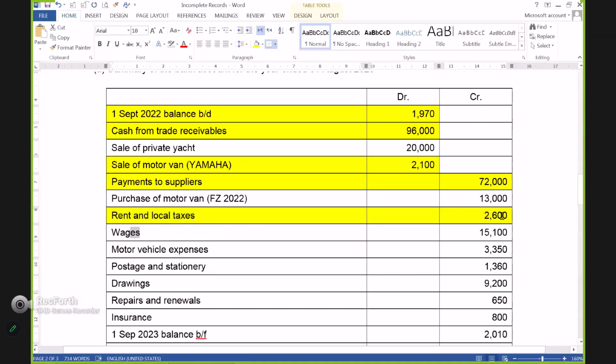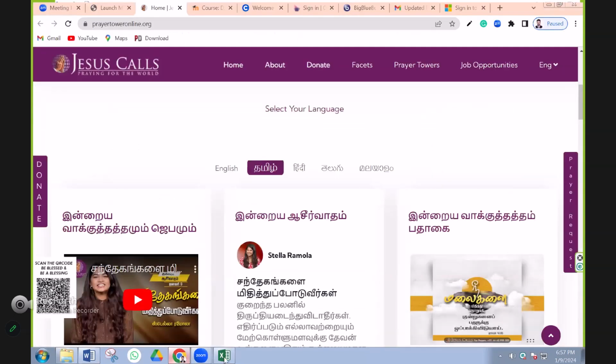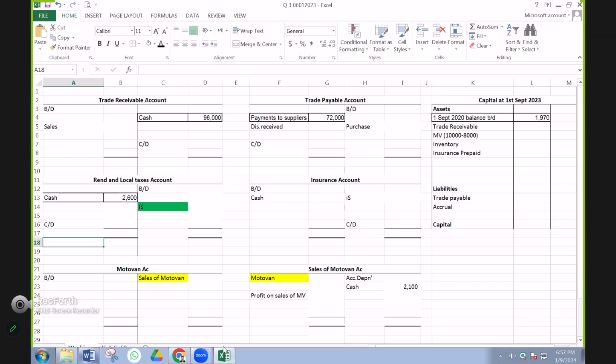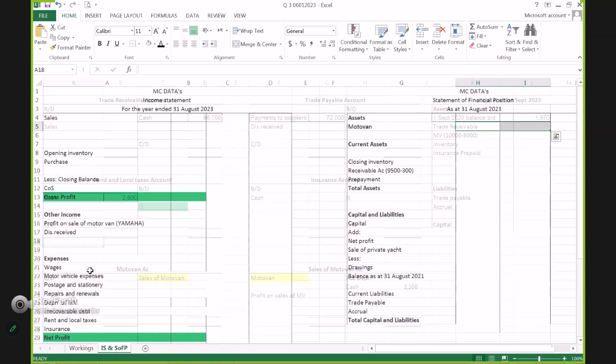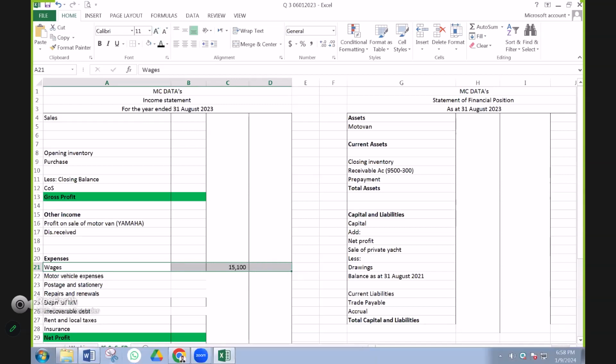Then wages, 15,100. Here, I think there is no wages account, so it is totally transferred to the income statement. Income statement, wages, 15,100.